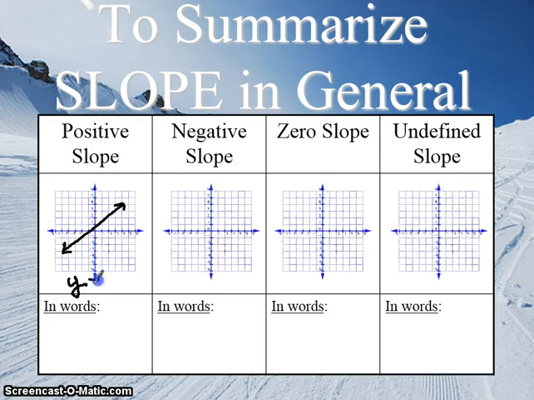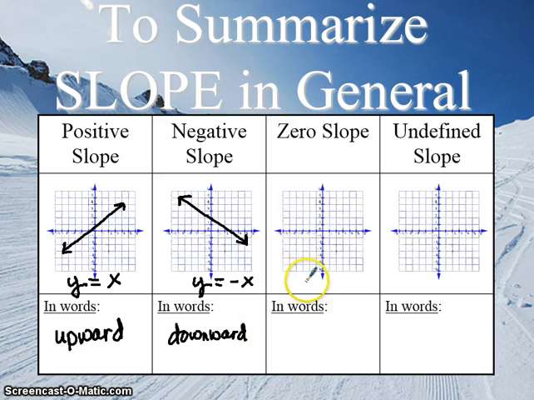These will all be variations of y equals x, and when you look at them on a graph, you will see that they go upward from left to right. Negative slopes are also variations of y equals x, except they have a negative slope or a negative x value. So you'll see them going downward when you look at them on a graph.